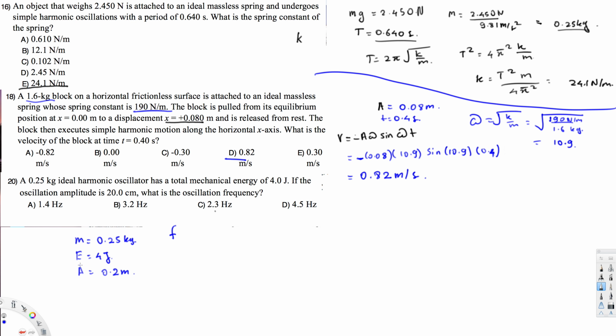Okay, so whenever we have mass, I can remember this equation, 1 over 2π square root of k over m. That's the frequency equation. But we know the mass, we don't know the k. But they have given the energy and the amplitude. This means we can calculate k using this formula: E is equal to half k A square.